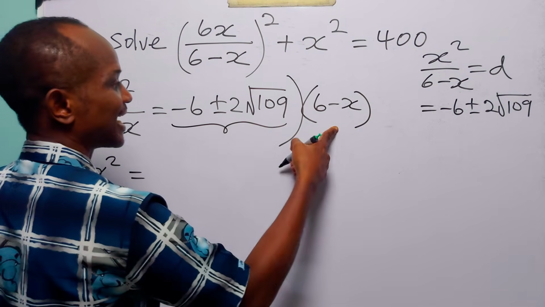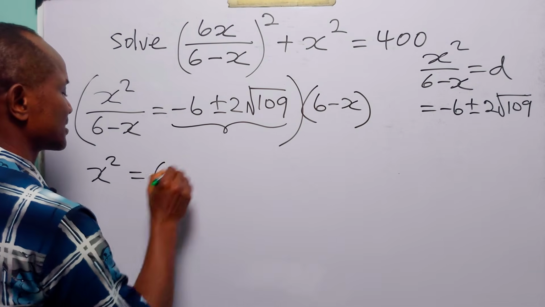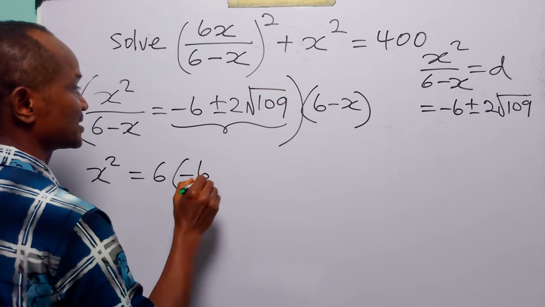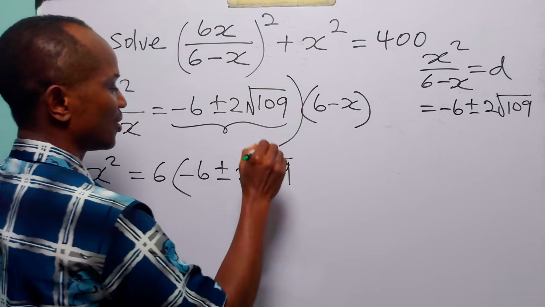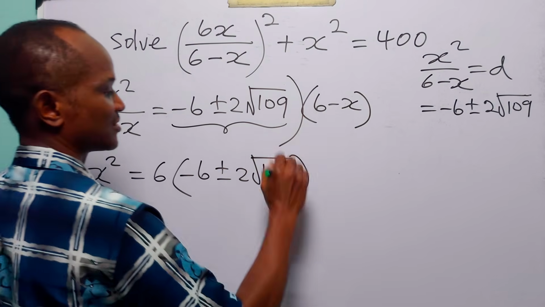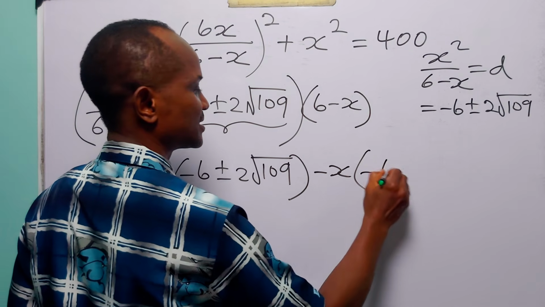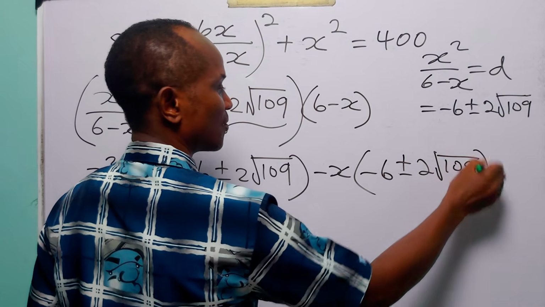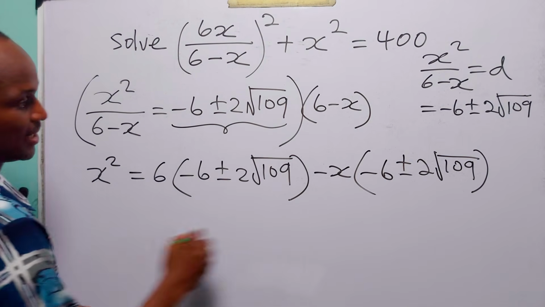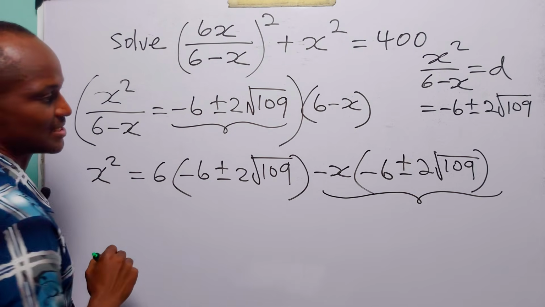And this times 6 minus x is going to give us 6 times (minus 6 plus or minus 2 root 109) minus x times (minus 6 plus or minus 2 root 109). Now let us move this over to the left-hand side.